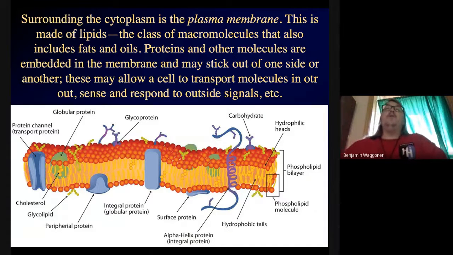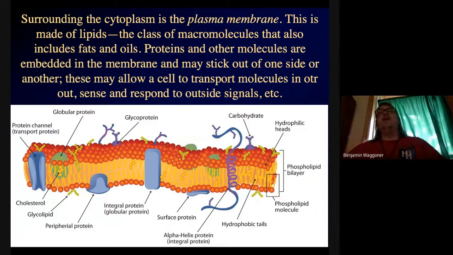There are other proteins that act as receptors. They will bridge the membrane, and part will stick outside, and then that part can respond to some stimulus from the outside, and change its shape on the inside and enable the cell to make some kind of response. There's lots of others. Don't worry about all this detail.